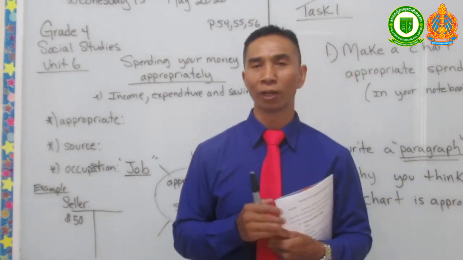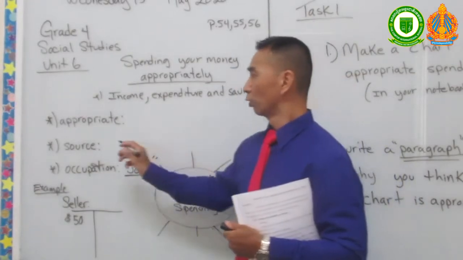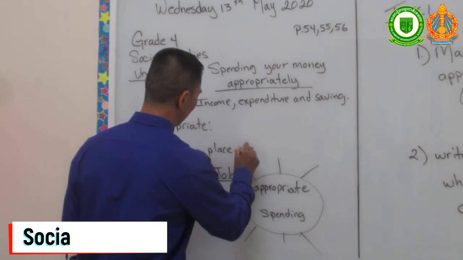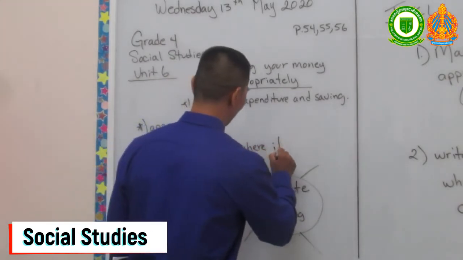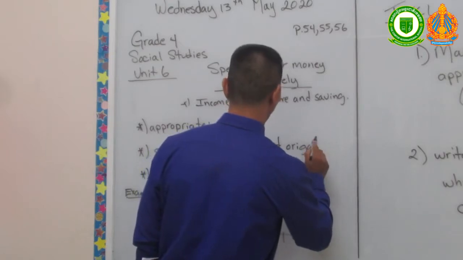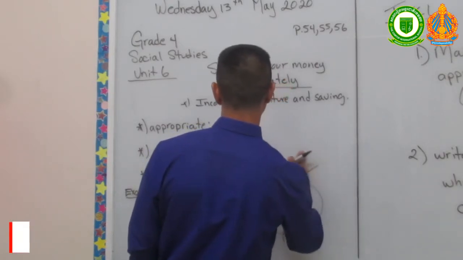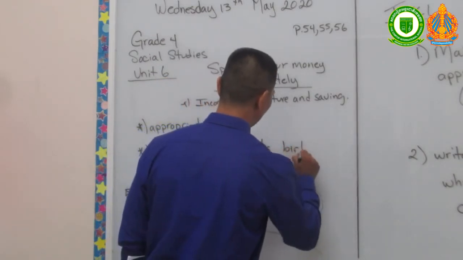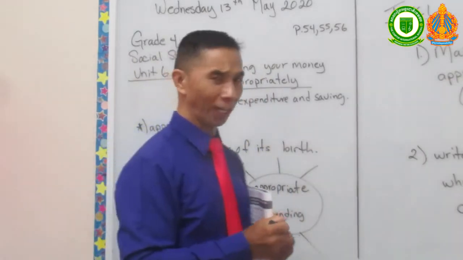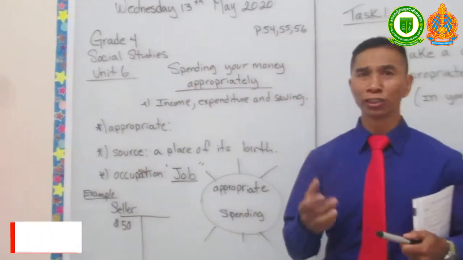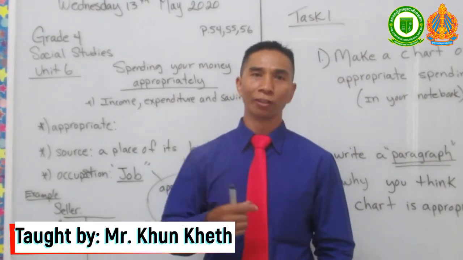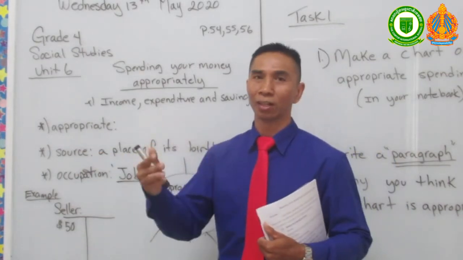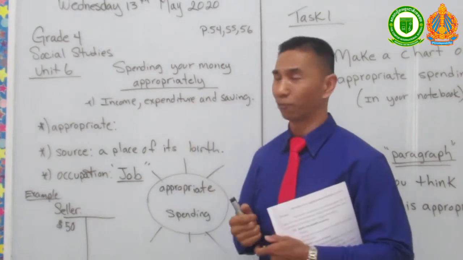If you said source is a place where it originated, a place of its birth, or a place of its origination, where it came from, you are right. To say the source of my water came from the river in Battambang, that's the source. That's the place where it came from.